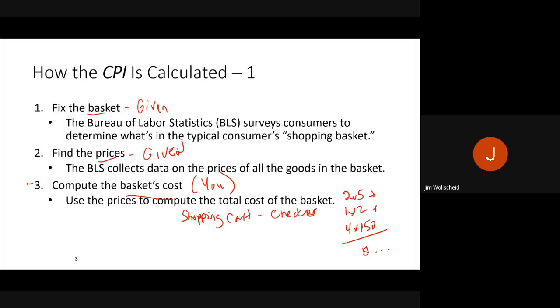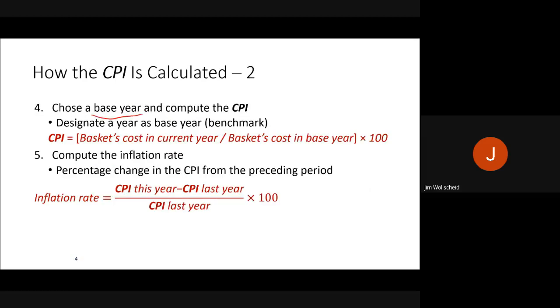The next thing is I will give you the base year. This is information you will be given. And when you're given the base year, you can compute the CPI. How we do the CPI is we take the current basket divided by the base year basket, and we multiply by 100.